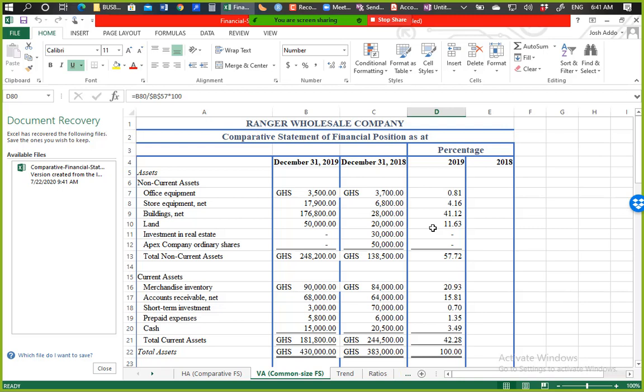Common size, from the name common size, what common size financial statements do is that in cases where we have to compare two companies or two subsidiaries in the same group. Probably they are in the same industry, but the way they have reported their figures, one is reporting in millions, one is reporting in thousands, for example. We cannot directly compare 1,000 to million. The analysis will not be right.